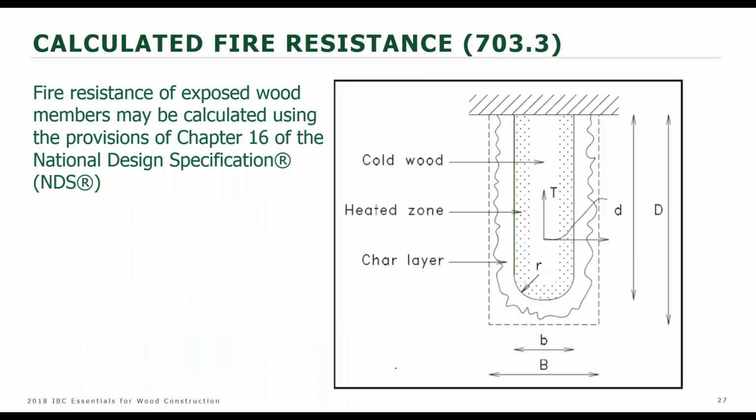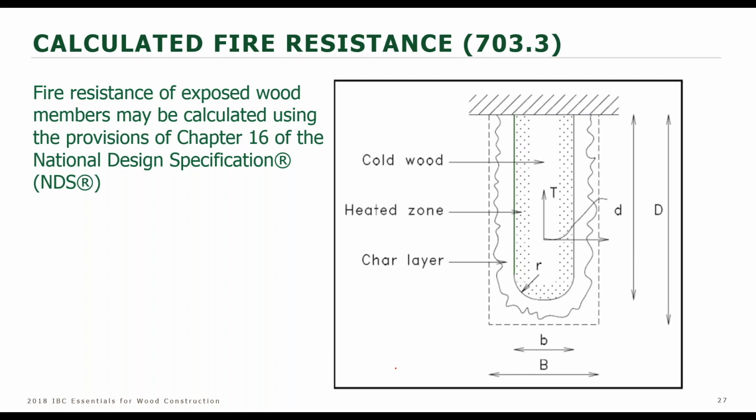Among the other methods of obtaining fire resistance or establishing it is a calculation method. If you are using heavy timber and you have exposed beams or columns, there is a method to assign a fire resistance to those, even though they are not protected by non-combustible protection.